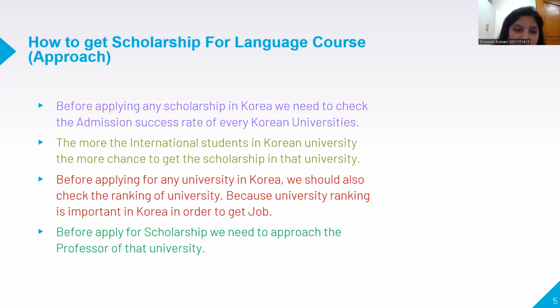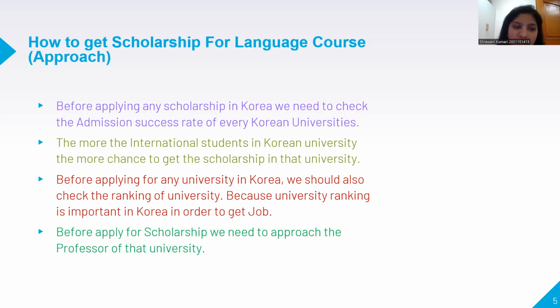In that university, the chances of getting admission for an international student are much higher than for native Koreans, because the more international students in a Korean university, the more chances to get the scholarship in that university. So Hanyang is also famous for international students because they give preference to them.